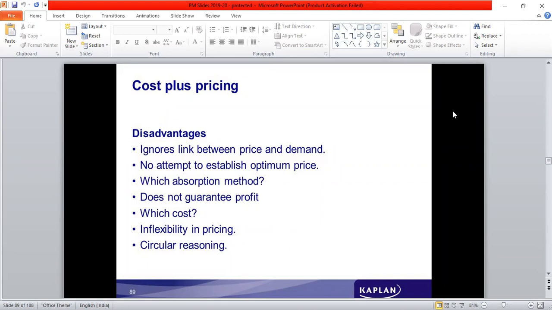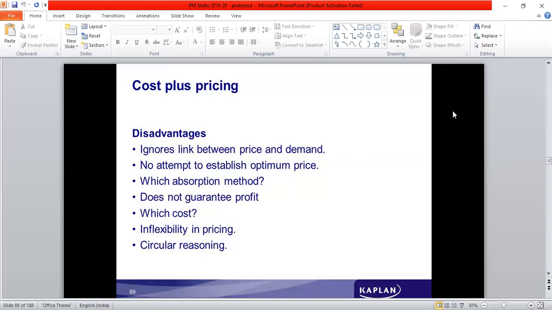So it is not that price can be adjusted all the time because of the cost incurred. A change in the price will have an impact on the demand. So that is the main thing. It is not as simple as it looks, that it can be easily calculated by adding a profit margin to the cost price and deciding the selling price.